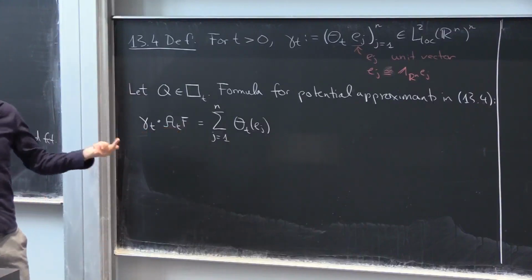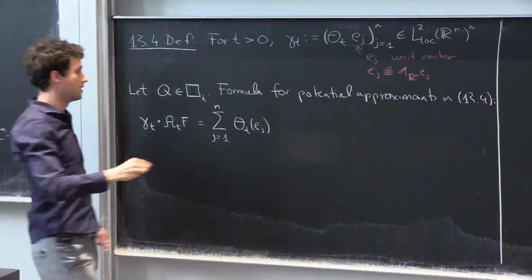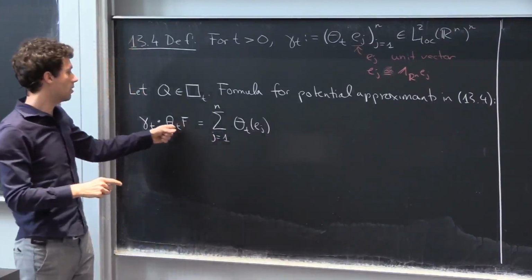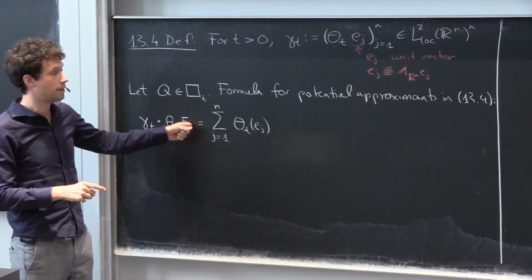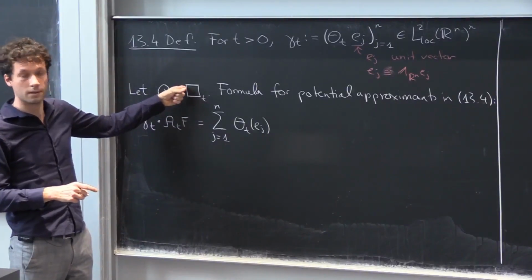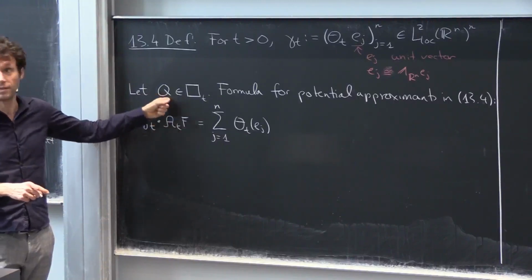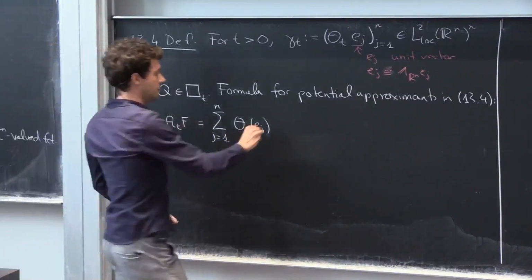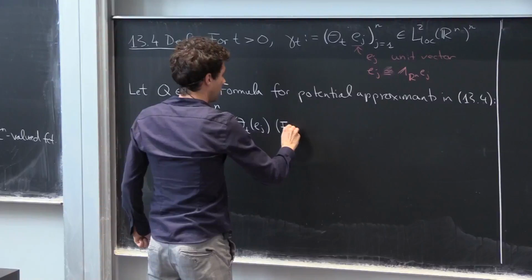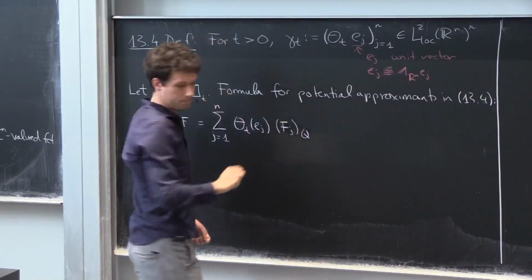Because I applied it component-wise, the jth component of the average is just the averaging operator acting on f_j. And if I work on this cube and I average at generation t, I'm going to pick this cube all the time. So this is just the average of f_j on Q.